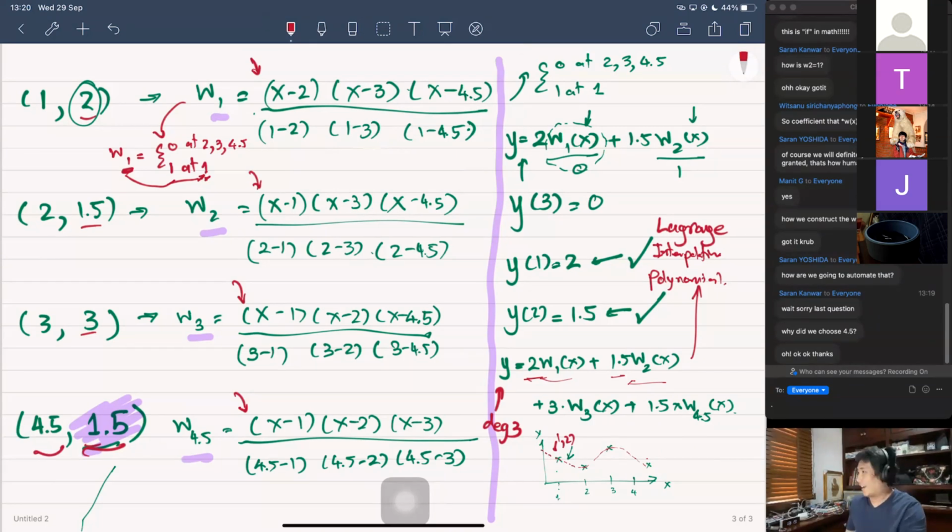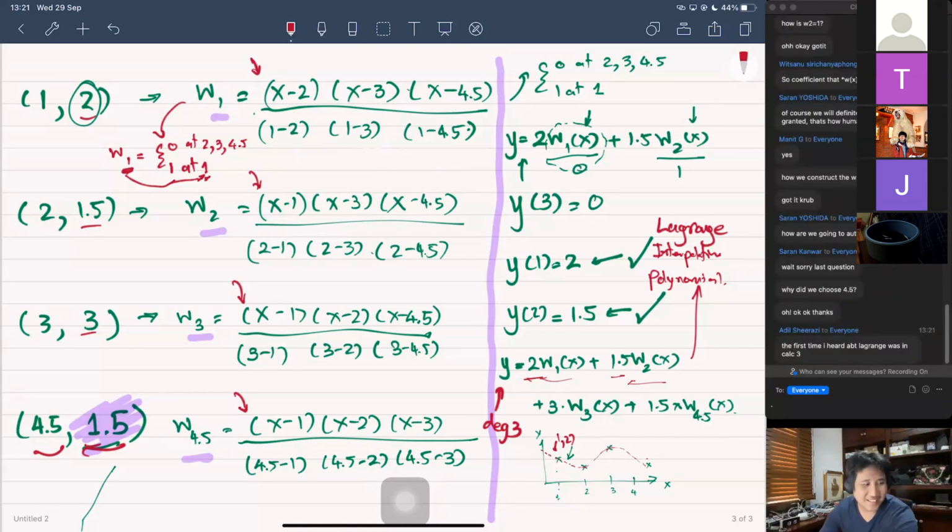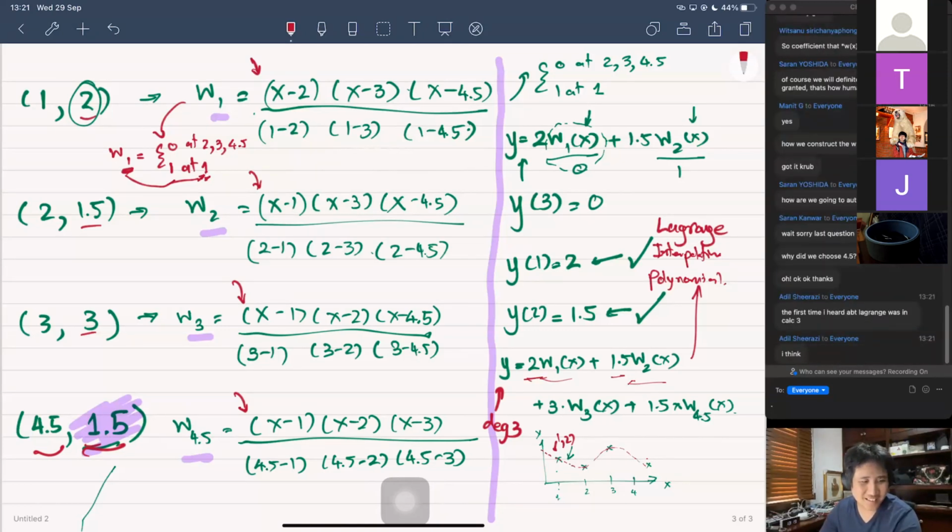I don't know about you guys. I think the first time I saw this, I thought, oh my God, this guy named Lagrange is so smart. I'm not even sure who came up with this. The polynomial is called Lagrange, but this method might have come like 10 years afterward. Typically, if any field is underdeveloped, that means it's within the phase of rapid development, all the formulas and all the proofs are gonna look really messy.